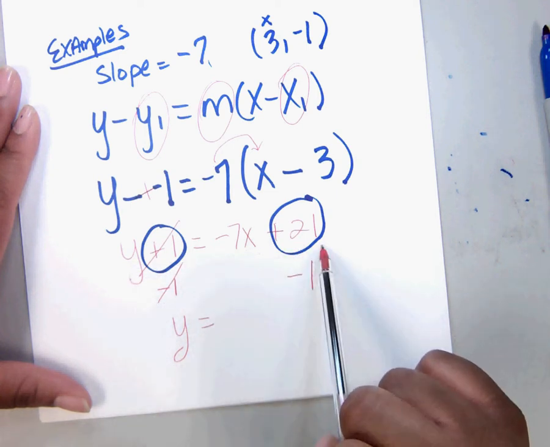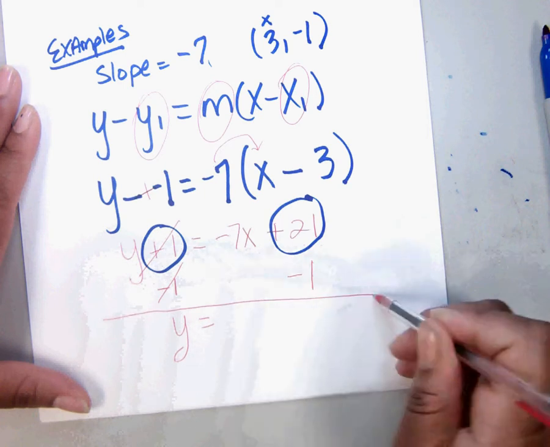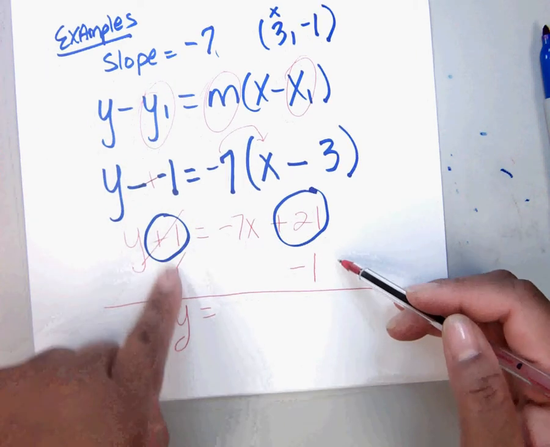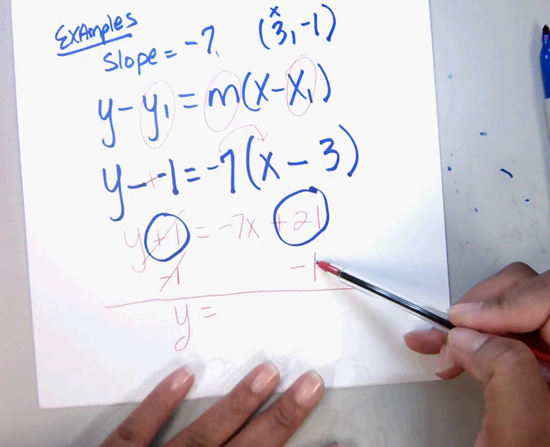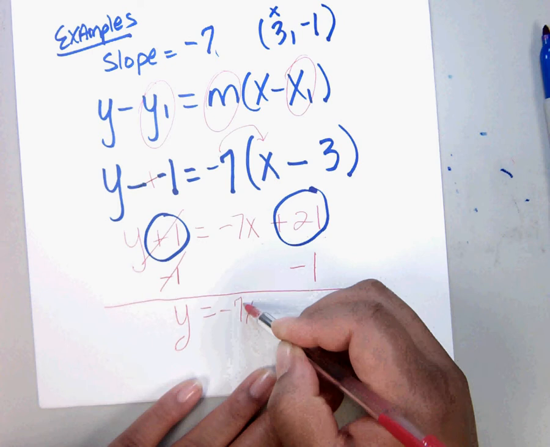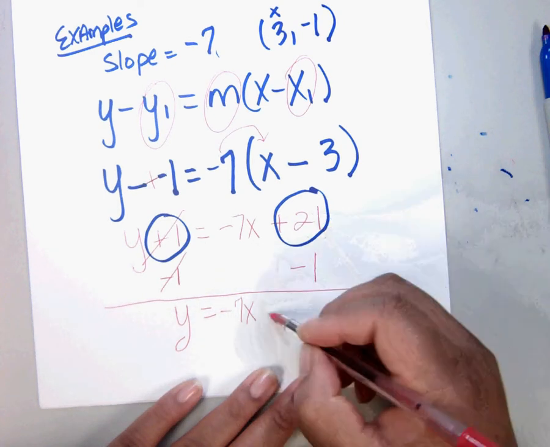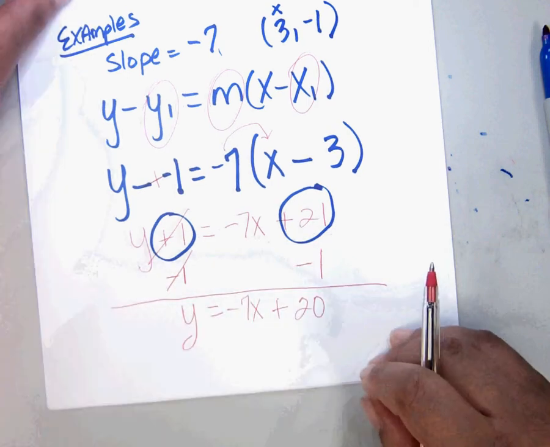But that's dividing, because you can divide anything, but you cannot add and subtract everything. So I have subtracted 1. It has disappeared and now reappeared on the right side of the equal sign. Nothing has changed about it, but it is now plus 20. And that is how you use point slope.